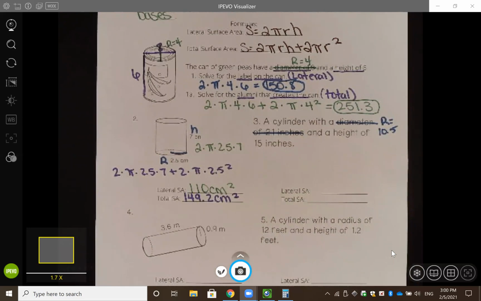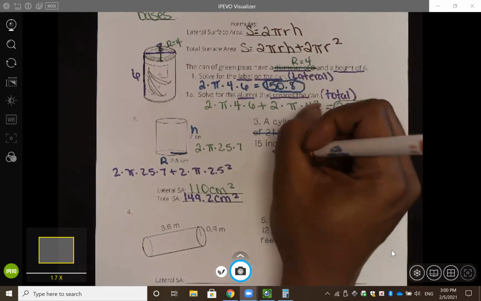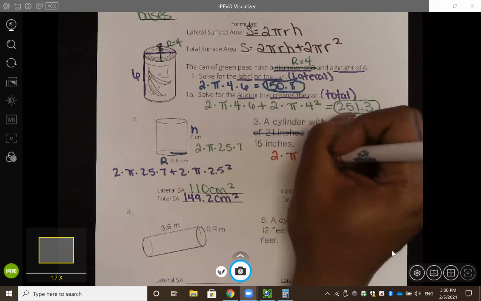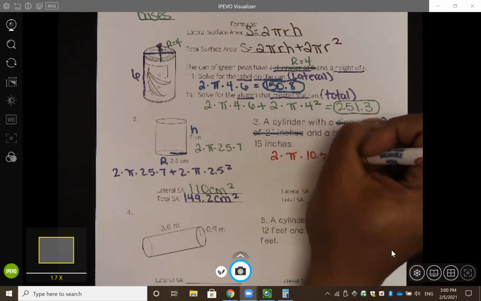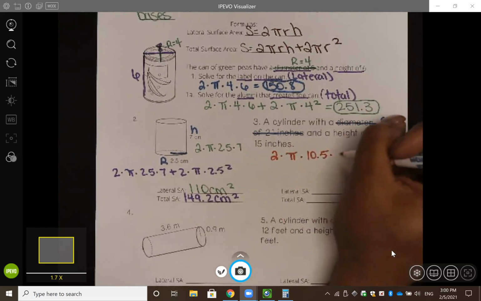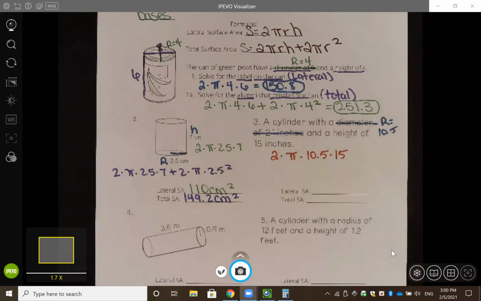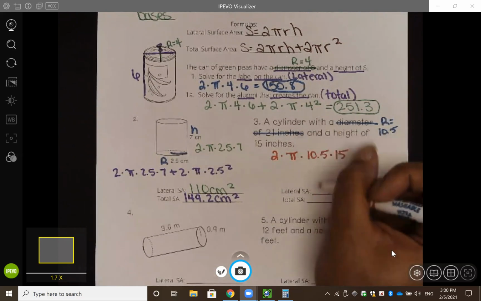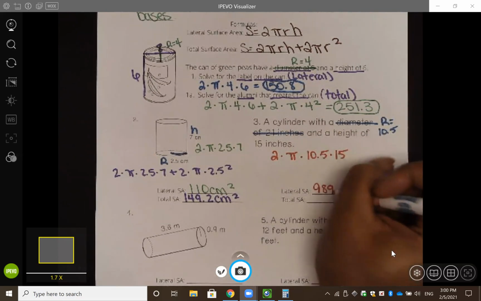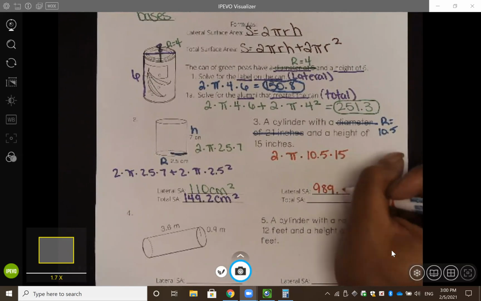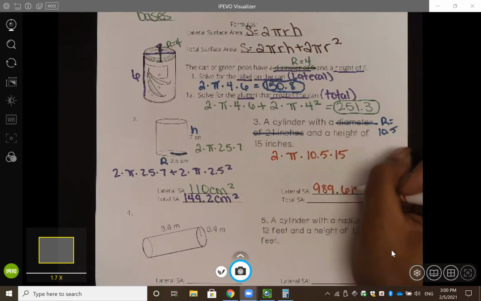So my lateral surface area is 2 times pi times my radius times my height. 2 times pi times 10.5 times 15. And that is 989.6 inches squared.